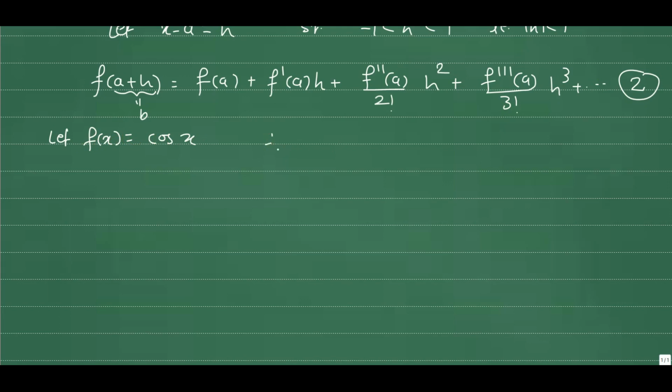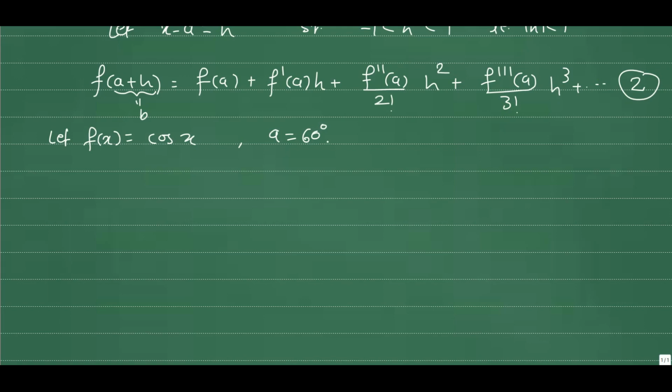Now we know cos 60, right? So let us take a as 60. Why are we taking a as 60? Because we know the value of f at that point, 60 degree. You can take a as other values also that we know.